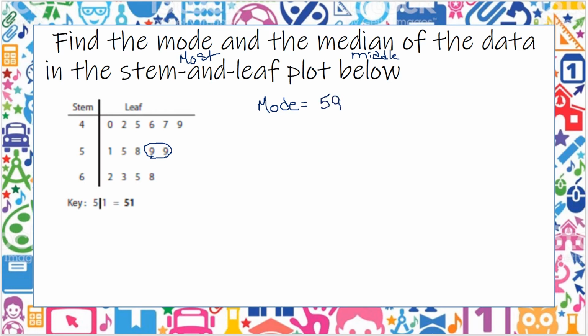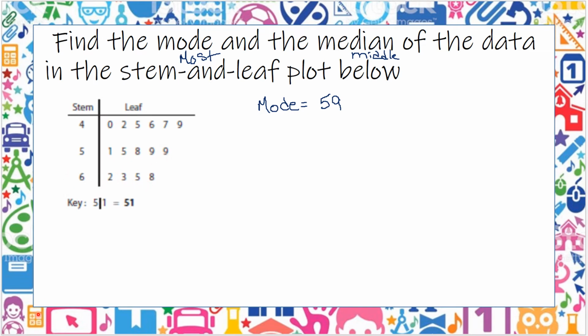Now I'm going to look at the median. Now they're all already in order because they're in the stem and leaf plot. So the median is that middle number. So I'm going to count, and I'm going to say, okay, how many total numbers do I have? I've got 1, 2, 3, 4, 5, 6, 7, 8, 9, 10, 11, 12, 13, 14, 15.